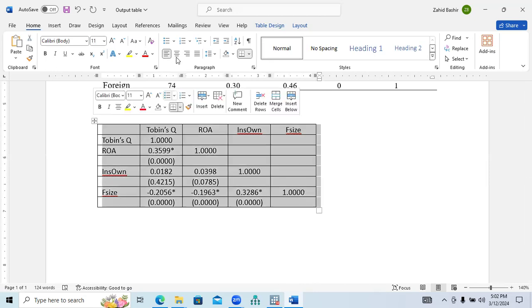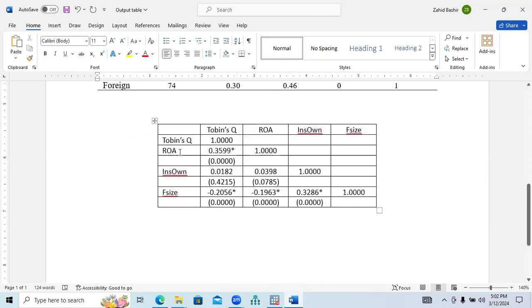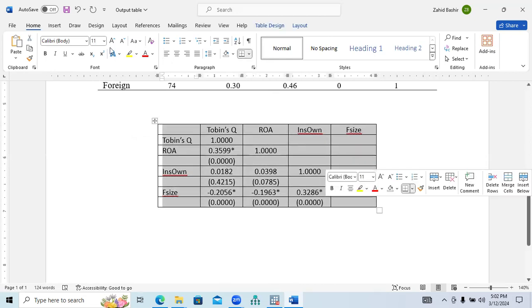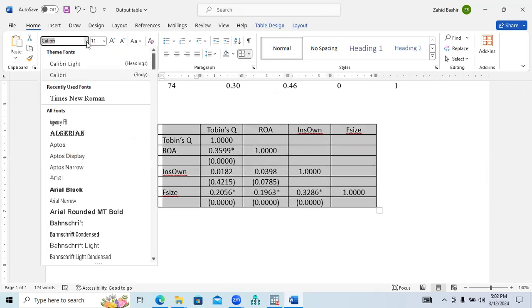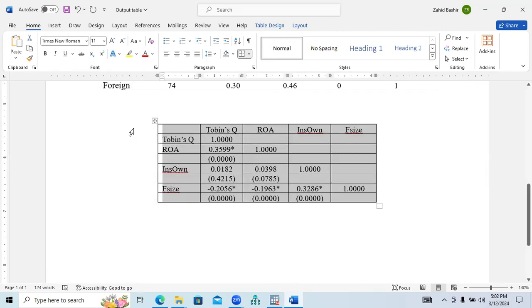Make it a little bit more. Your font style should be Times New Roman, and make it bold, and also bold this one.